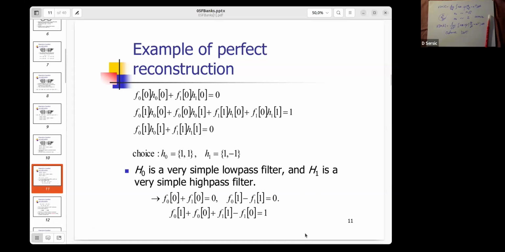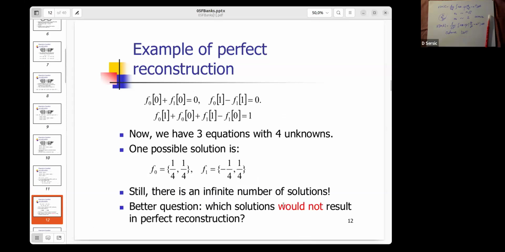Now we have 4 unknowns and 3 equations. So we still have freedom of choice of 1 coefficient. One possible solution looks like this: 1/4, 1/4, -1/4, and 1/4.